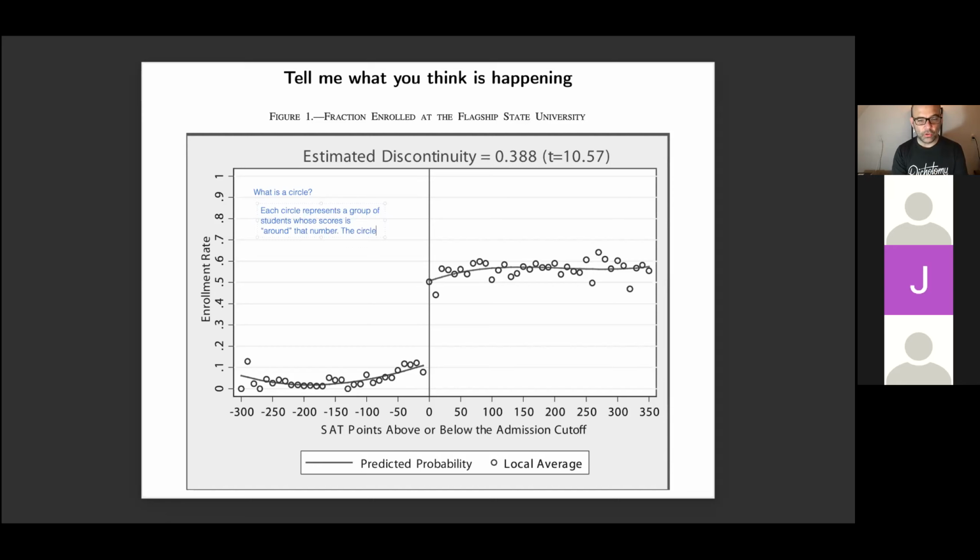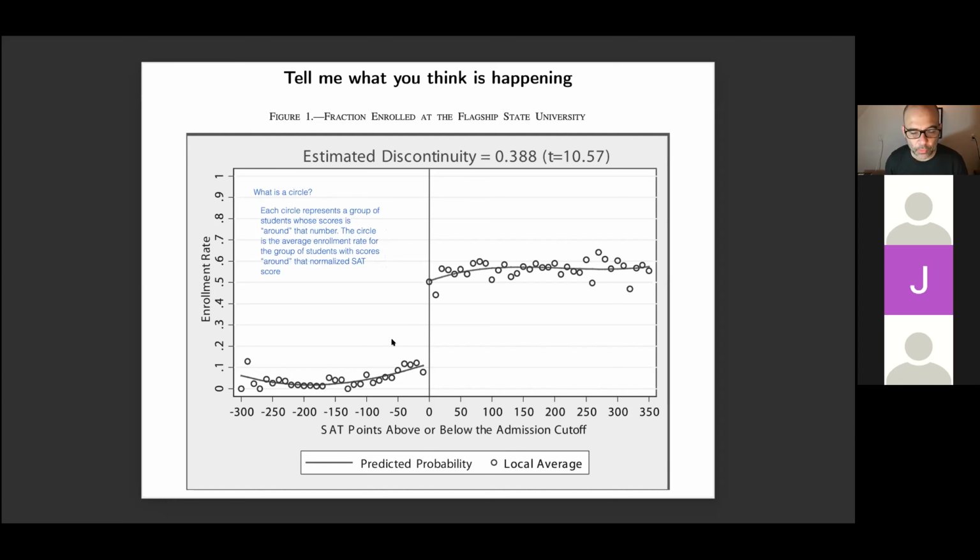The circle is the average score for the group of students. Well, actually different than that. It's the average enrollment rate for the group of students with scores around that normalized SAT score.